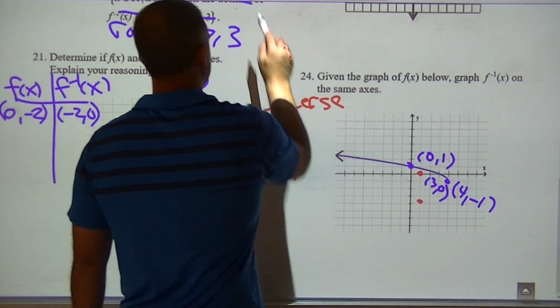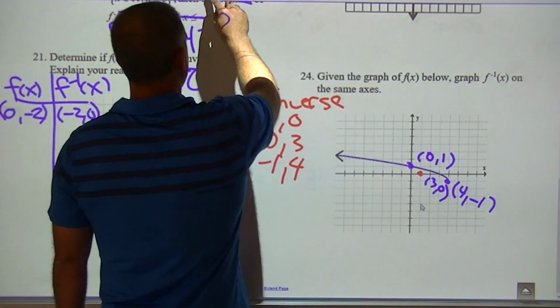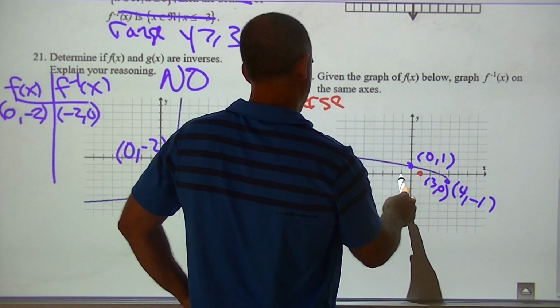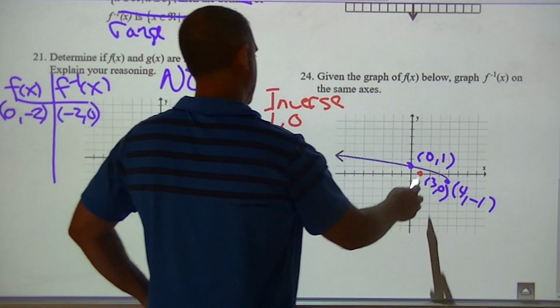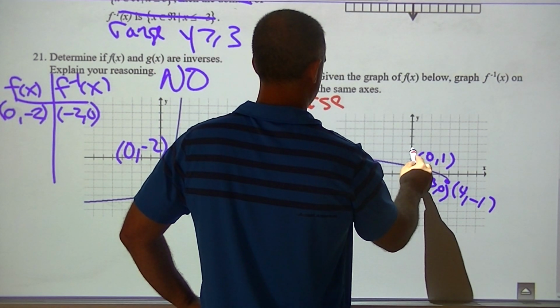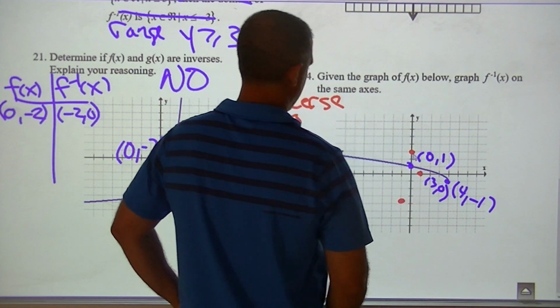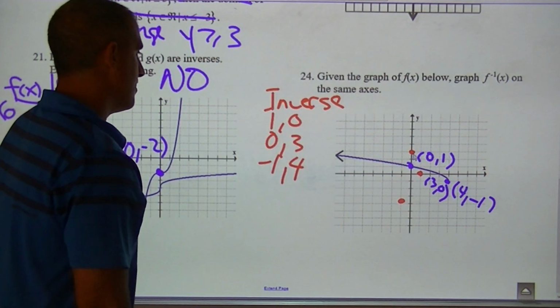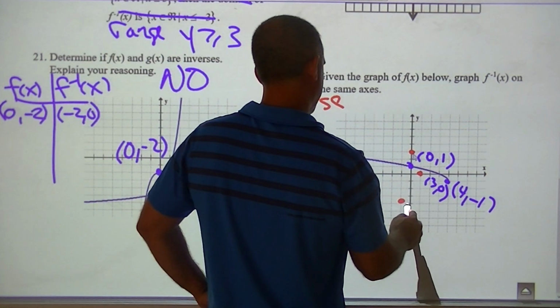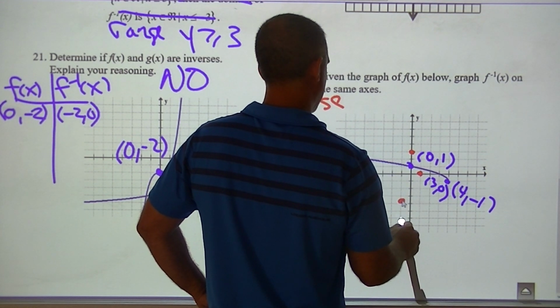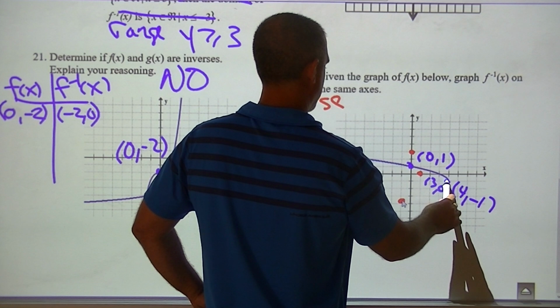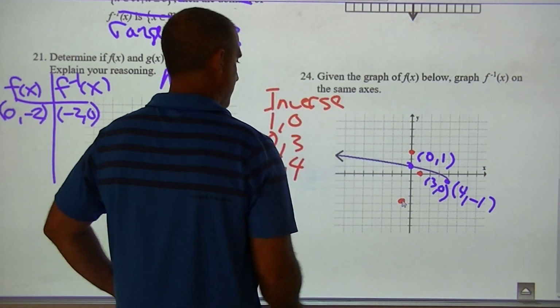Whoops, that's not right. Sorry. Negative 1 over 1, 2, 3, and 4. And then 0, 3. Okay, and so this would look like this. Instead of the anchor point being 4, negative 1, it's negative 1, 4.